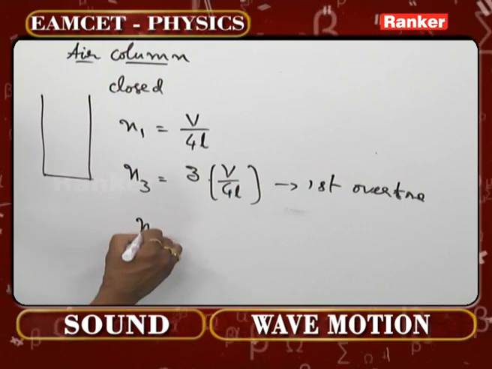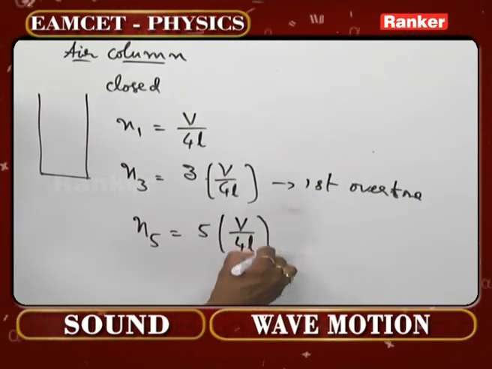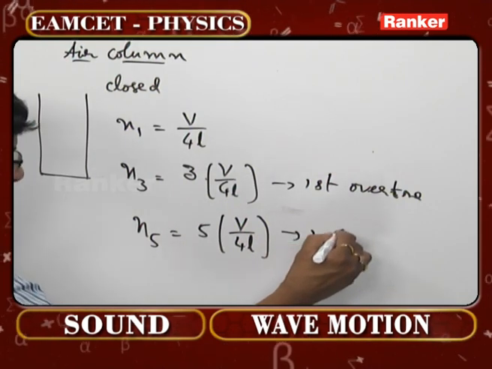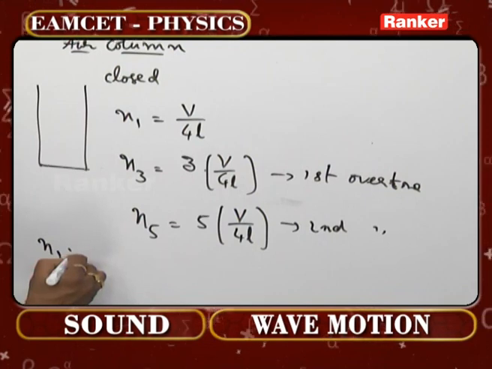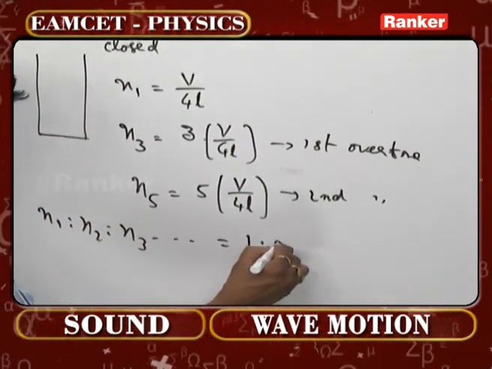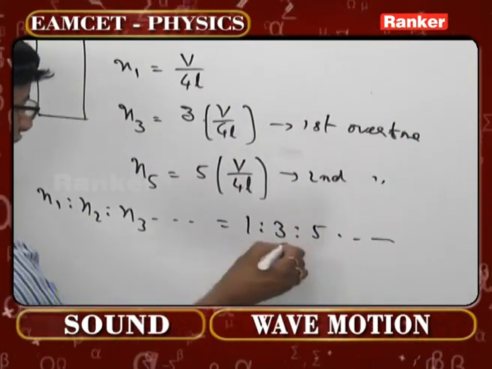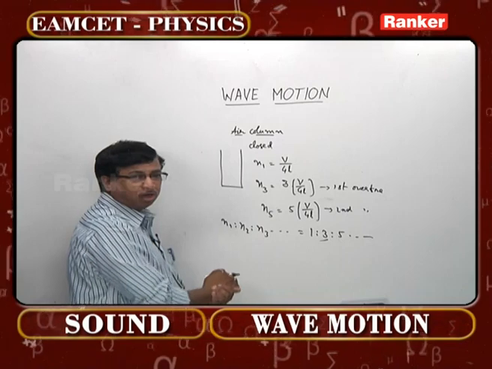The next one, N5, is equal to 5 times V by 4L, officially taken as the second overtone. That means N1 is to N3 is to N5 and so on is 1 is to 3 is to 5 and so on. No question of getting even numbered harmonics.